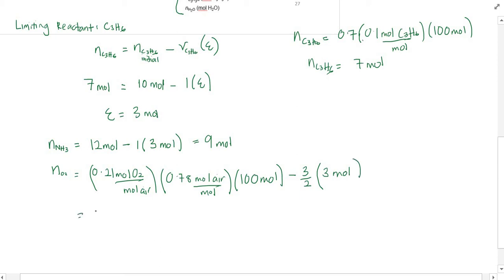So it's 16.4 mole minus 1.5 multiplied with 3 moles. At the end you will get 11.9 moles of oxygen at the end of the reaction.